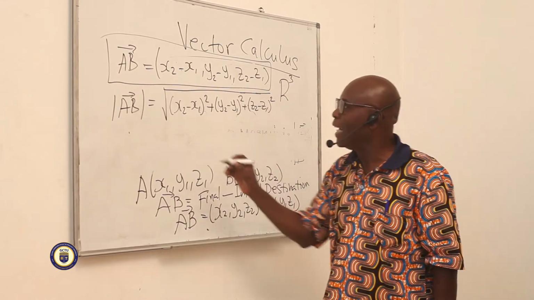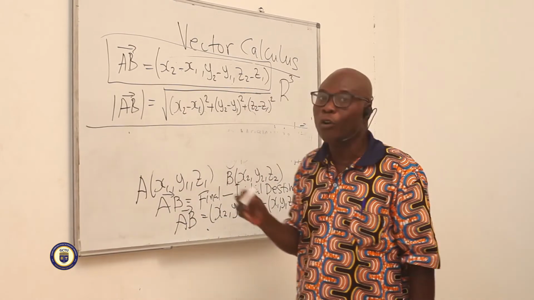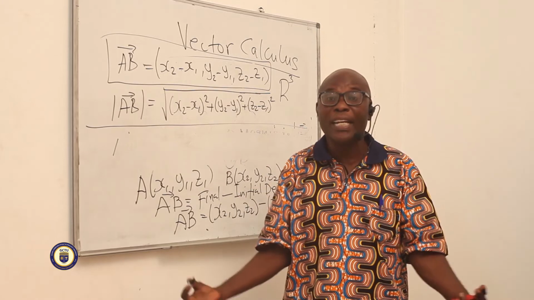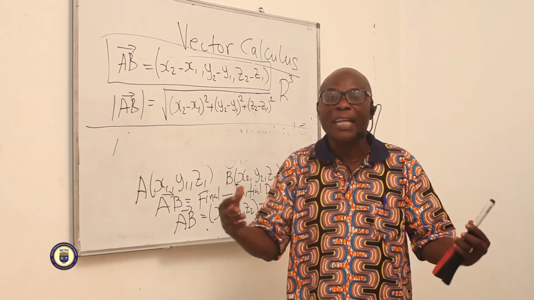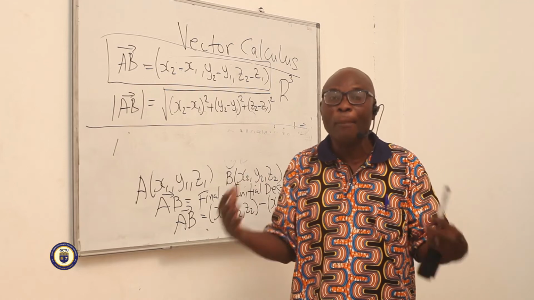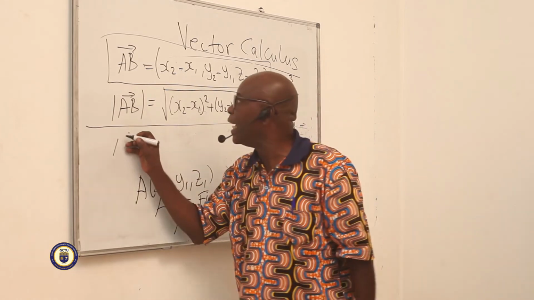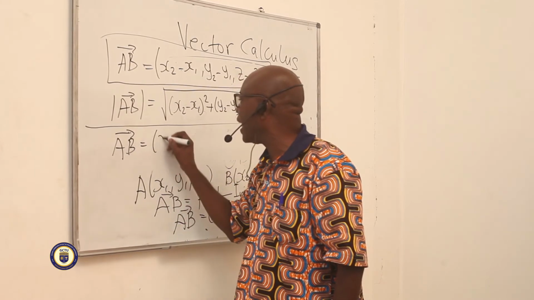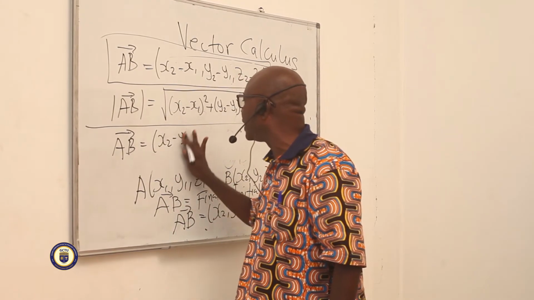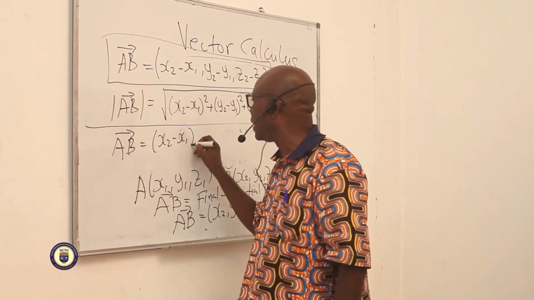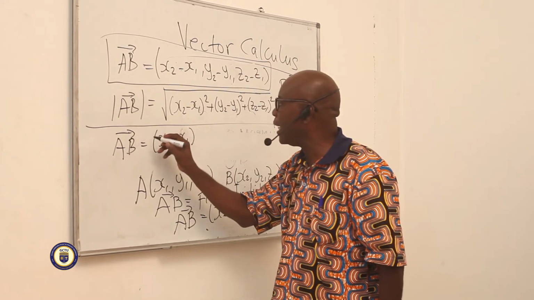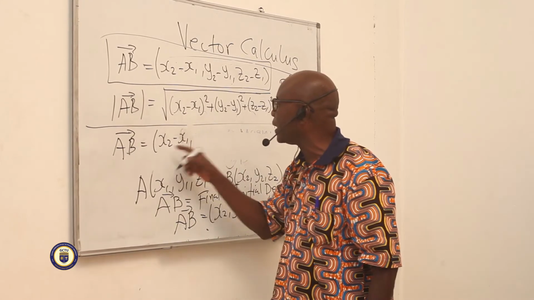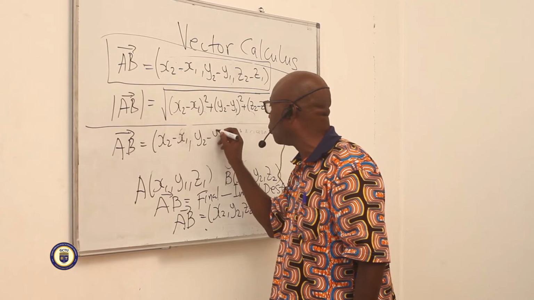Then for 2 dimensions, if A and B, the initial and the final coordinates, happen to be on a plane that is 2-dimensional, then our vector AB is going to be defined as x2 minus x1, that is the x coordinate, and then y2 minus y1.